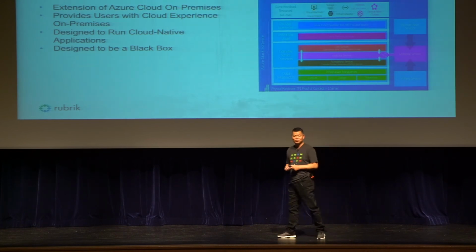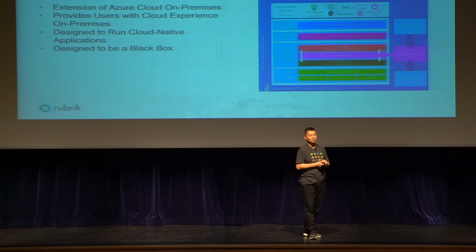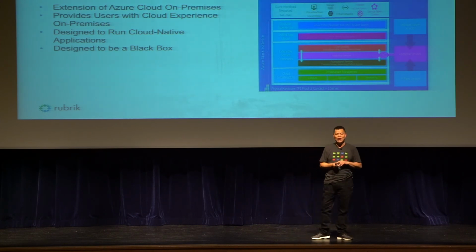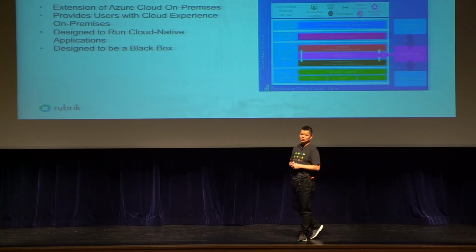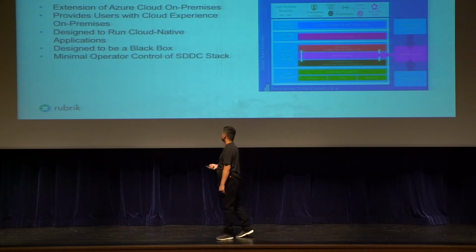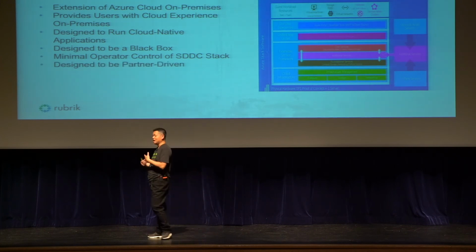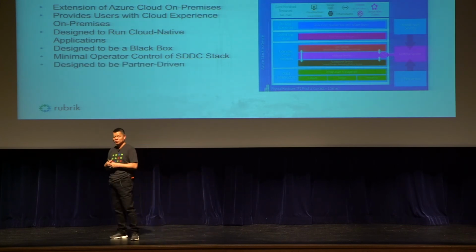You can't upgrade it, for example. Microsoft will push the updates to that box for you, right? You can't make configuration changes to it that are outside of the guidelines they give, right? Because it has to look like the Azure public cloud. So you have very little control, and it's designed so that a partner would do a lot of the work for you.